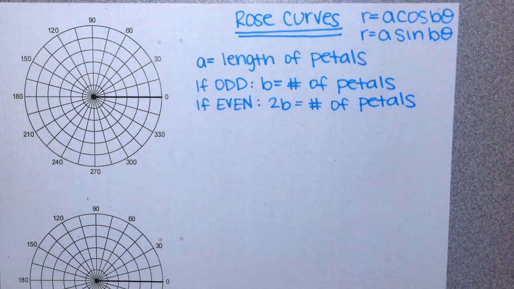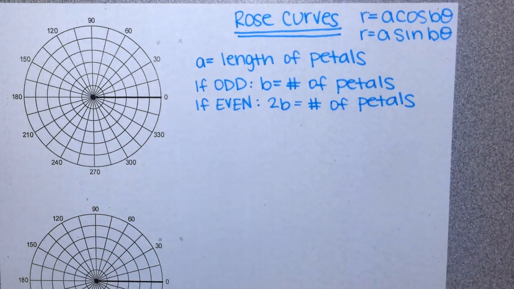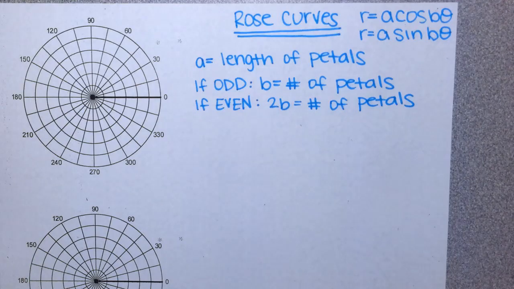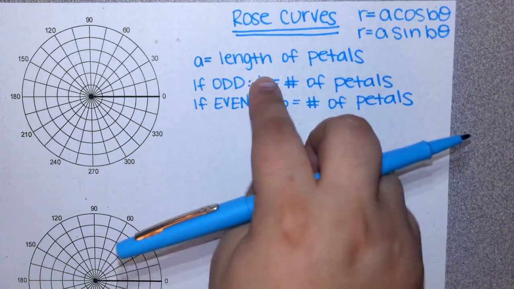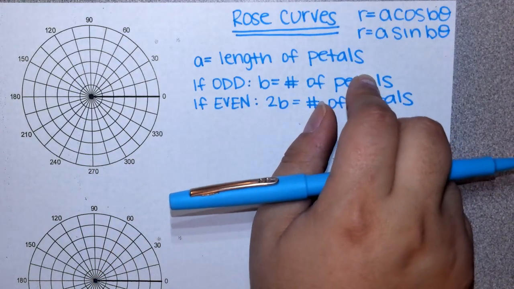And we also discovered that sometimes it was not possible to make something with a certain number of petals, right? What did not exist? 6 petals did not exist, because if you divided by 2, what'd you get? 3, and then that can't be in the equation because 3 is an odd number. 3 gave me 3 petals. All right.